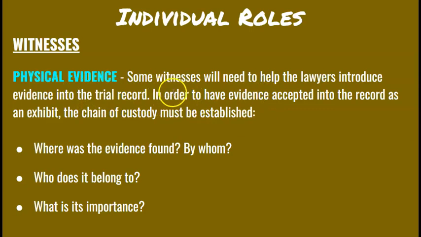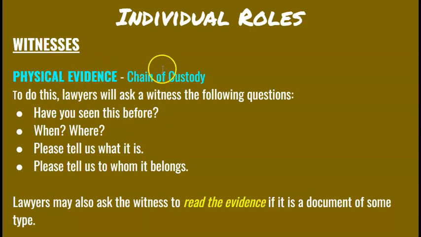So what you typically do is you say, Your Honor, we'd like to submit Exhibit 1 or Exhibit A to the court. Before you can actually have it submitted, you have to ask some questions. You would pick the evidence up and ask the witness questions so that we know where the evidence was found and by whom, who it belongs to, and what its importance is.